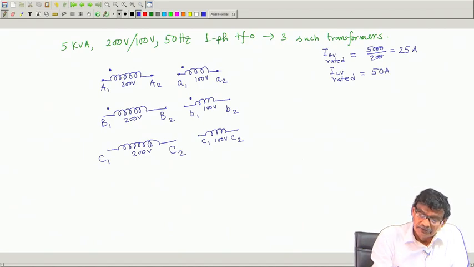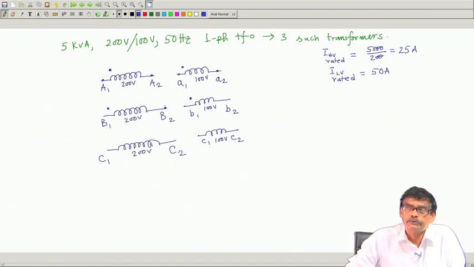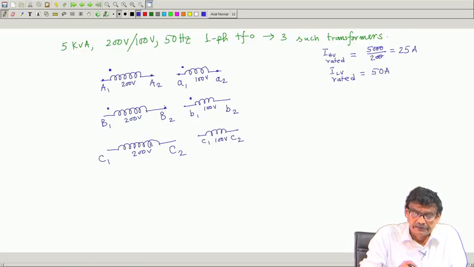Now, what I will do is this, suppose I want to connect the primary coils in star. Okay.